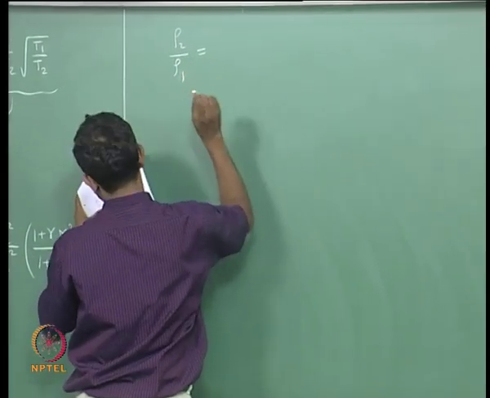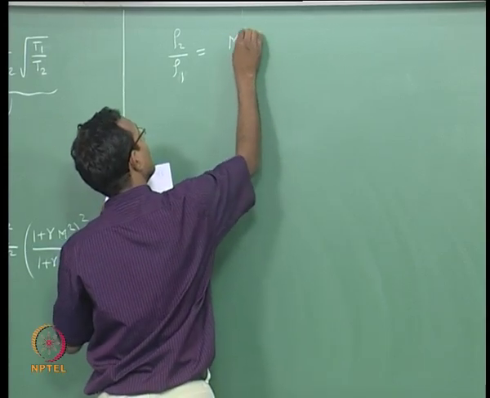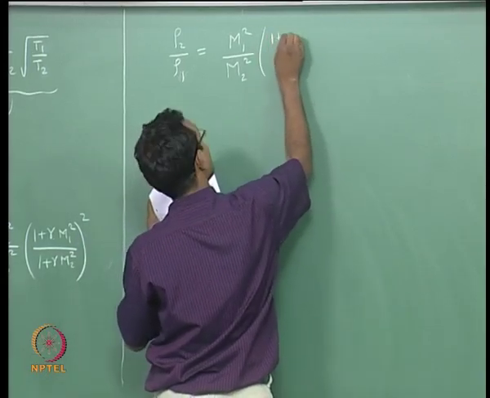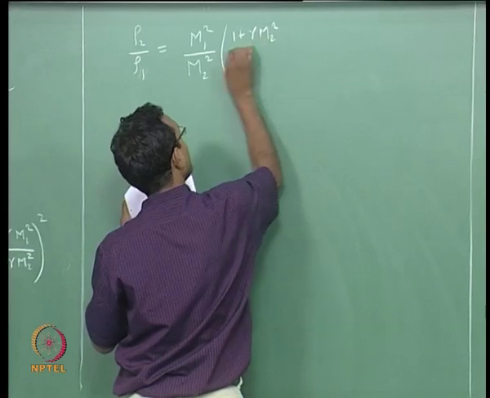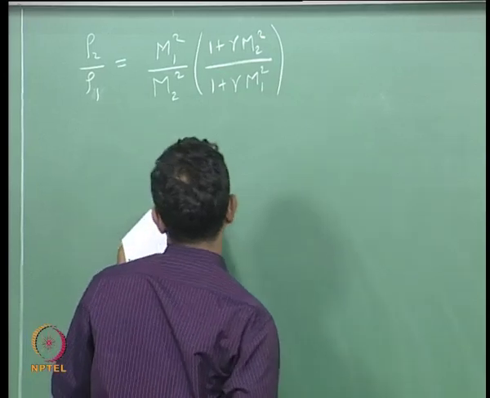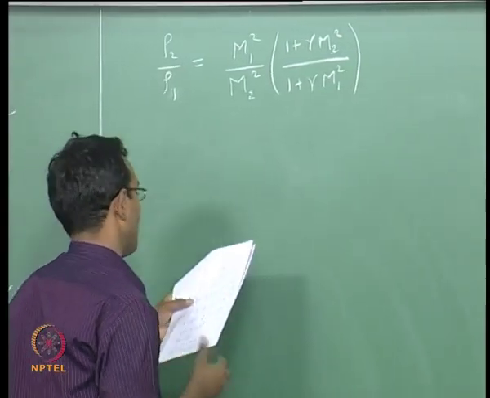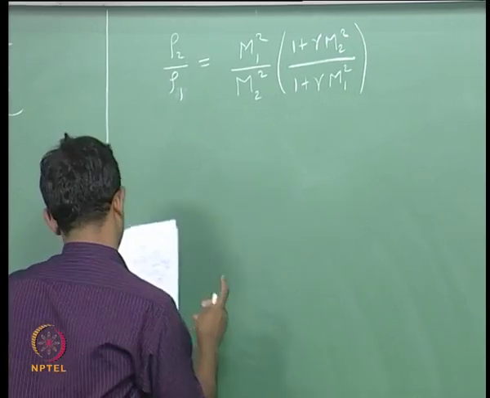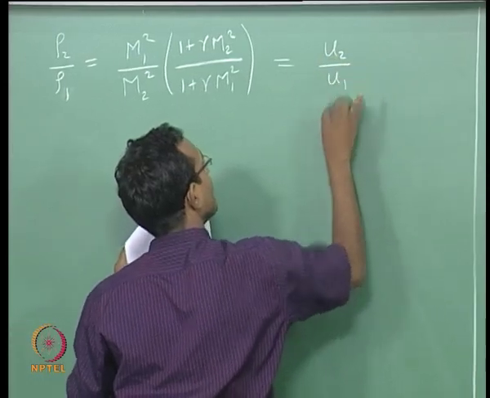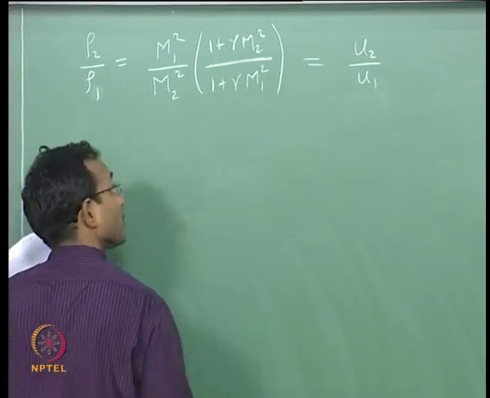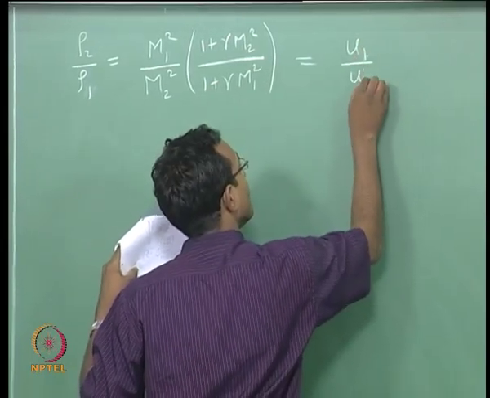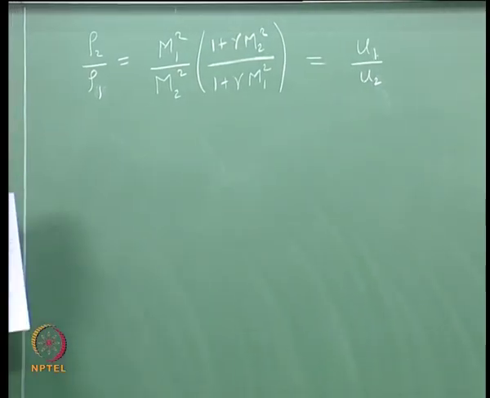Rho 2 by rho 1, okay. This is what you will get, and of course, you can write a rho by rho star, and by the way, this is also equal to U2 by U1, the other way, U1 by U2, sorry, U1 by U2, that is how it will be.